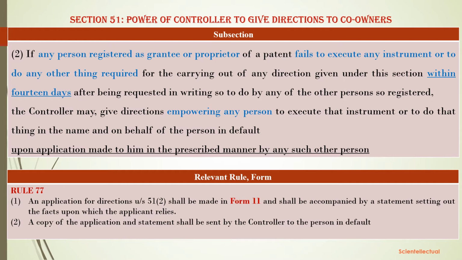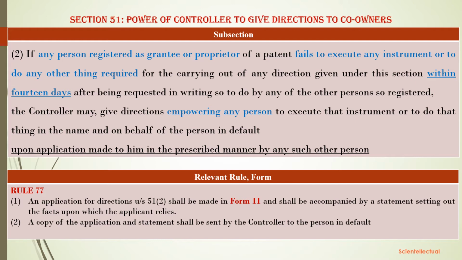Now that person will be requested in writing by the other registered persons, and within 14 days, if he still does not carry out the direction given by the controller, then the other registered person will apply to the controller through the relevant form to execute that direction. And if the controller thinks fit, he will empower the other person to execute the instrument or to do that thing in the name of or on behalf of the person in default.